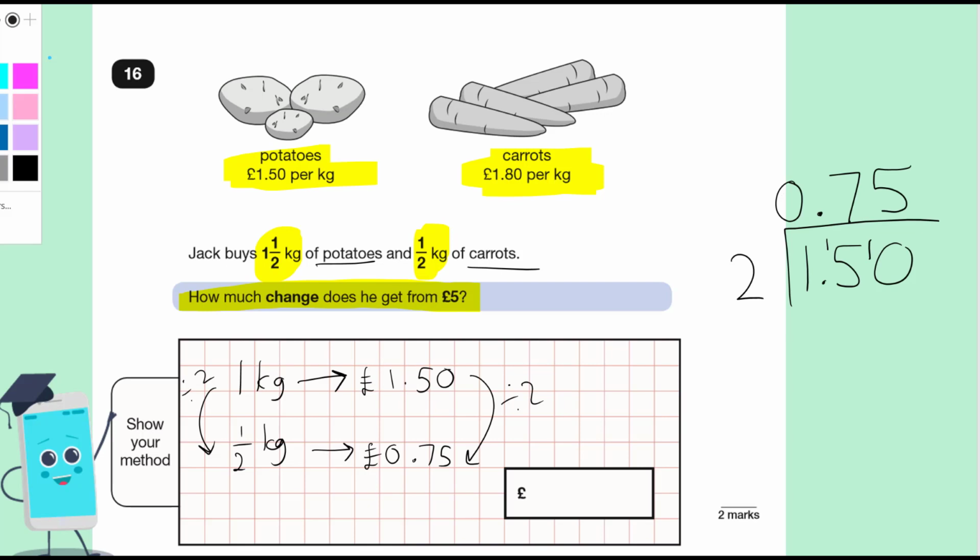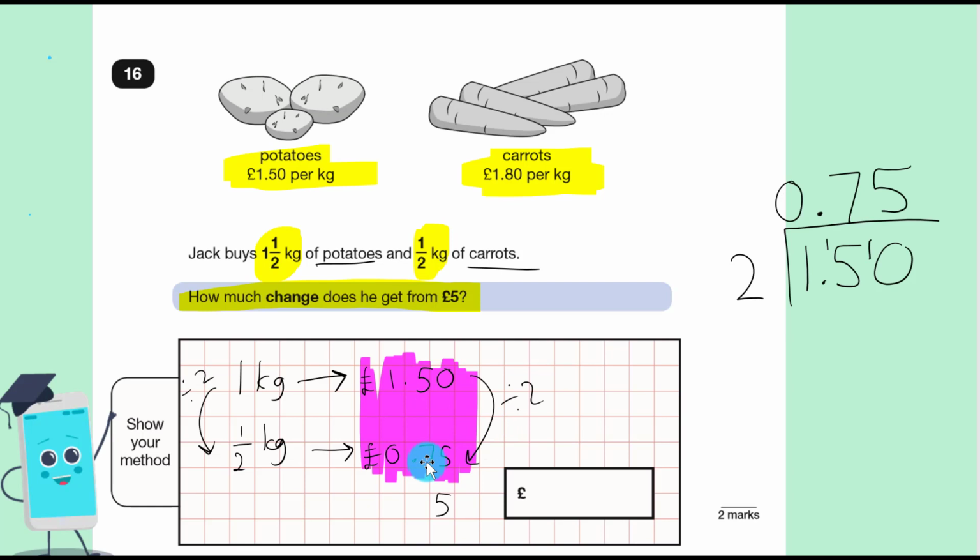What I need to do now is to add these amounts. So I'm actually going to add it exactly where it is. 0 and 5 is 5. 5 and 7 is 12. Carry the 1 and don't forget the decimal point.